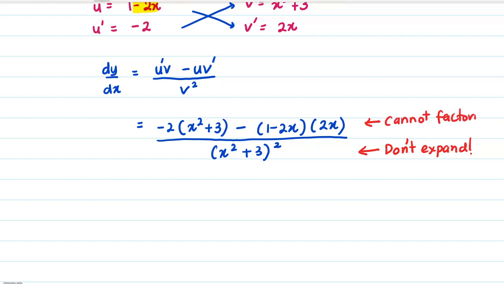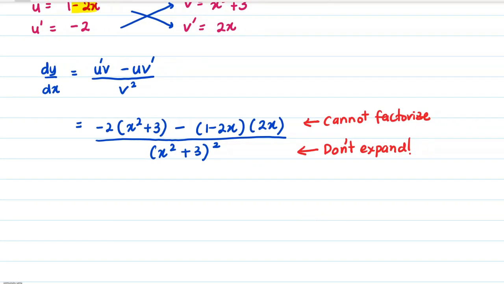So what happens if you cannot factorize your numerator? We will just simplify. Simplify means kita buka bracket lah semua. So we just expand and simplify semualah.